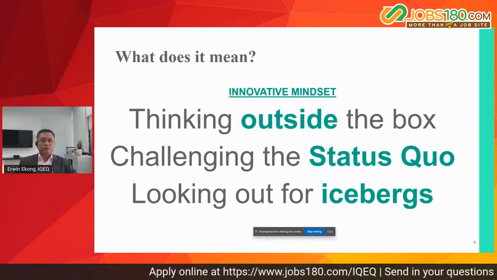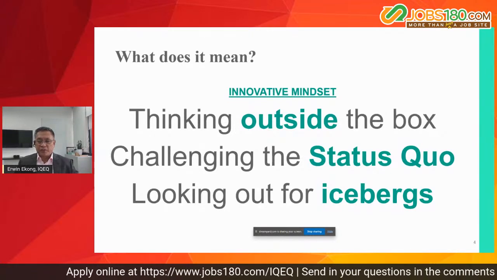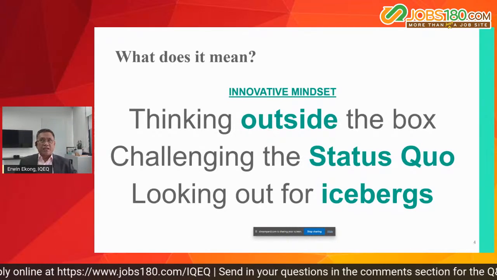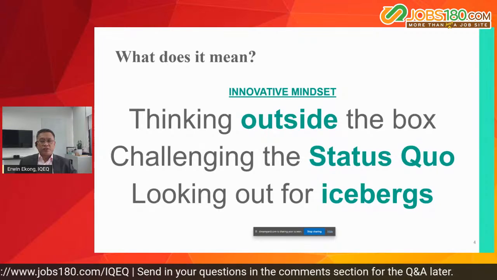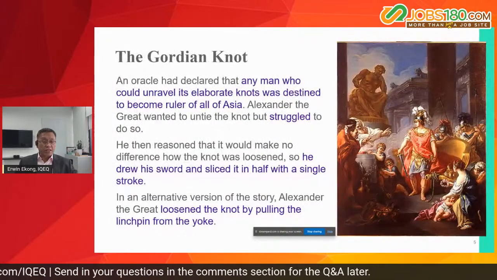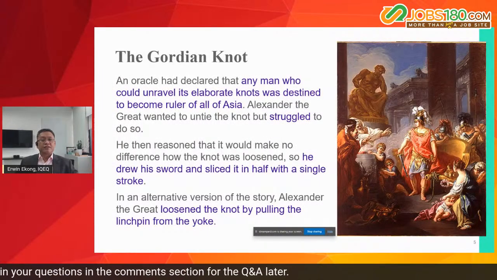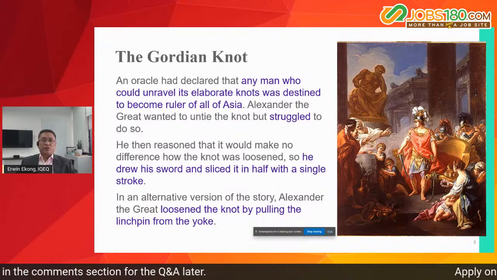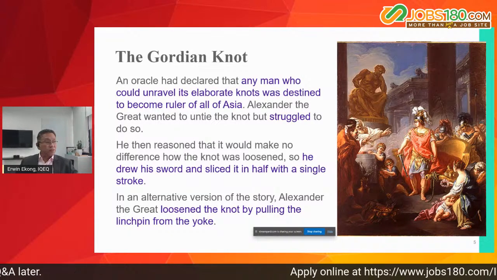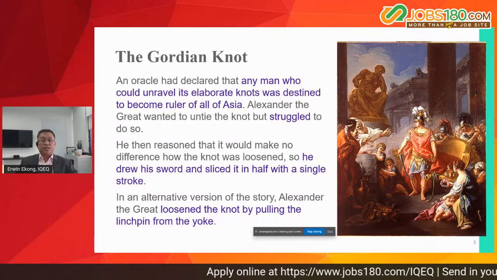I know this might sound boring, but I'm not sure if anyone is familiar with the story of the Gordian knot. And this is about Alexander the Great. The Gordian knot was said to have prophesied that anyone who can untangle the knot will become the ruler, the king of Asia.